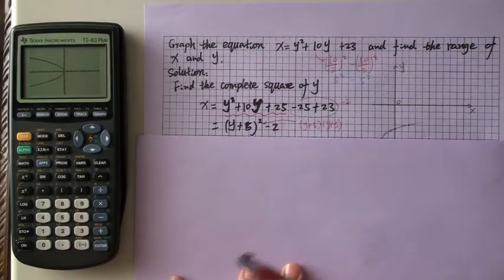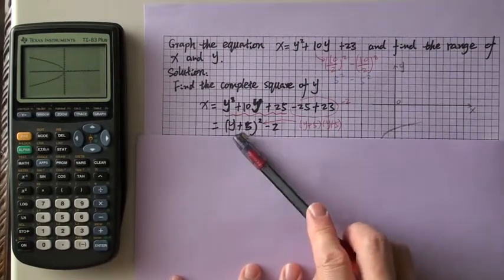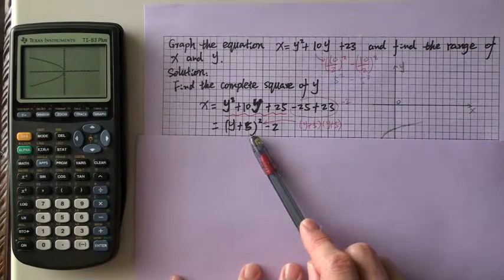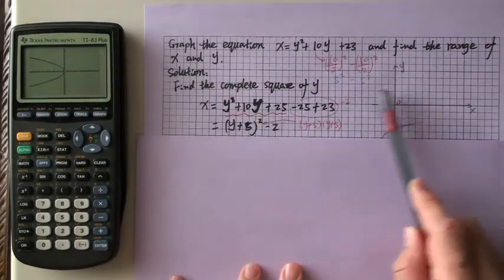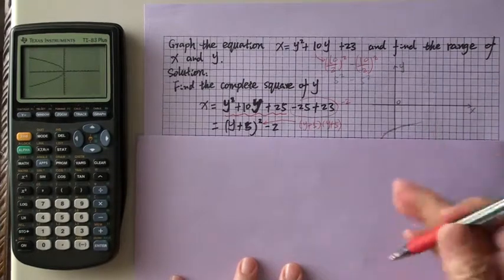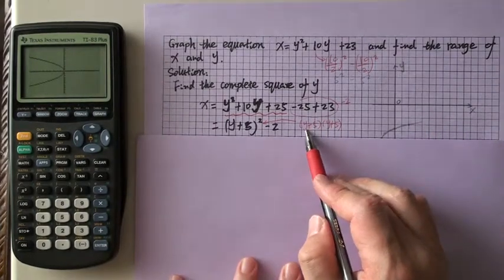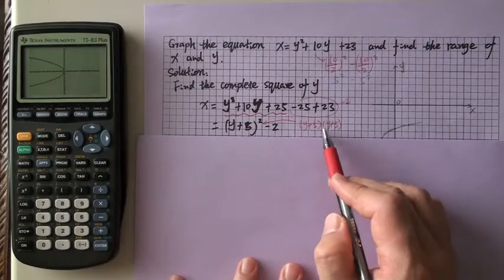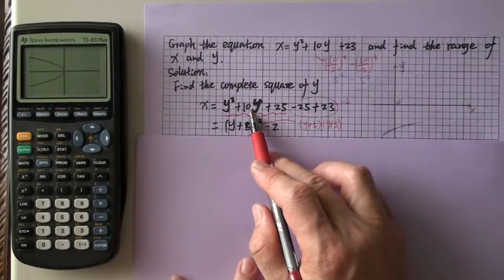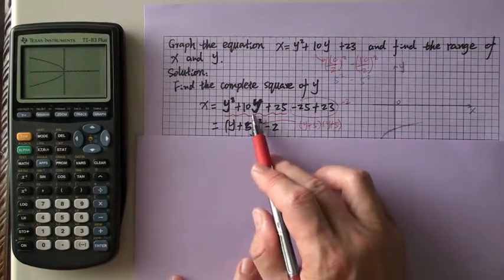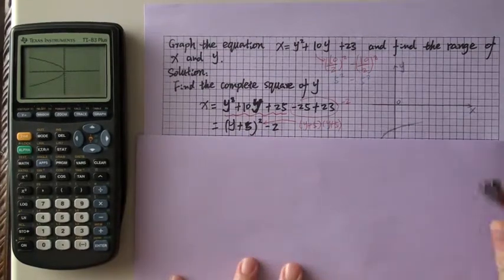It's not simply y squared plus 5 squared. That's wrong. You need to have 10y. You see down here, the outer product is y times 5, the inner product is 5 times y, so you get 5y twice. That's 10y.